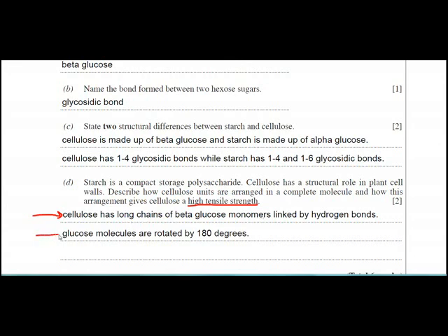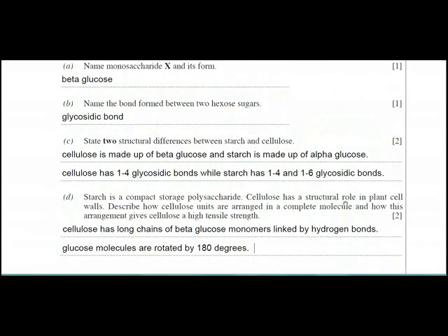And the second answer there is answering how cellulose units are arranged. We've said that glucose molecules are rotated by 180 degrees. Right, so that's the end of question 3.